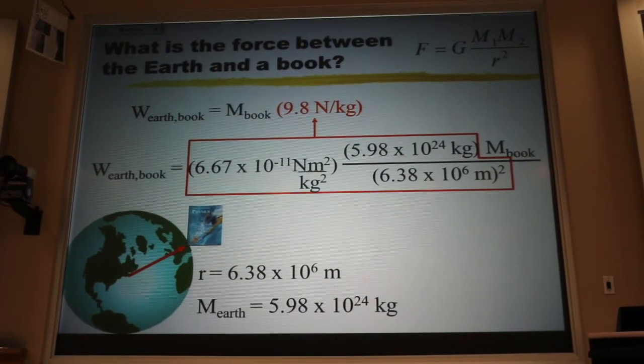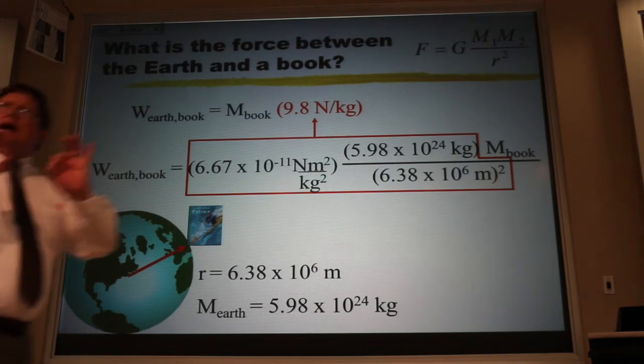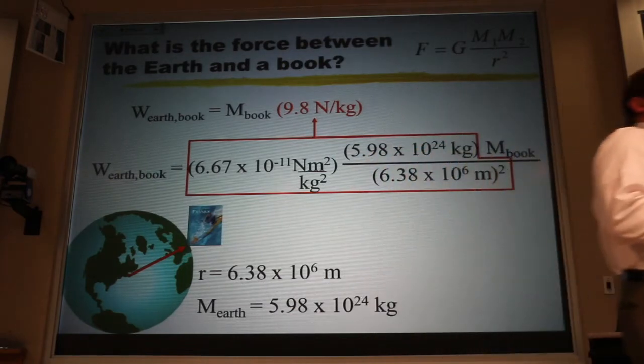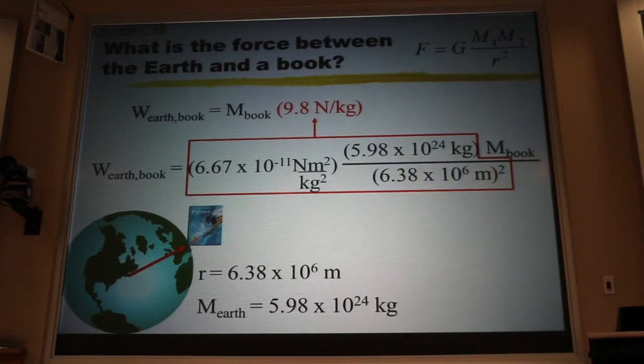And so this gravitational field strength was just a mathematical shortcut. I didn't want to plug in the mass of the Earth every time I calculated a weight force. I just did it once. I got 9.8 and then I used that forever after. That was the depth at which we went into the idea of a field in 205.